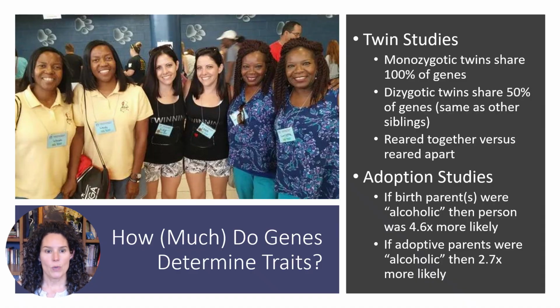The researchers are often looking at whether these twins were reared together or reared apart. And so you can compare, for example, monozygotic twins reared apart to dizygotic twins reared together, to help tease out what is nature and what is nurture.